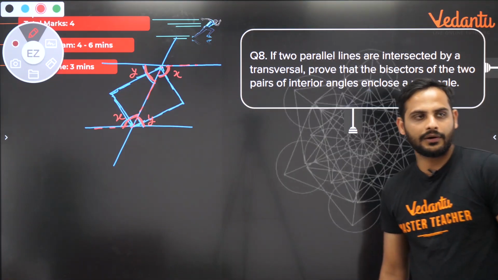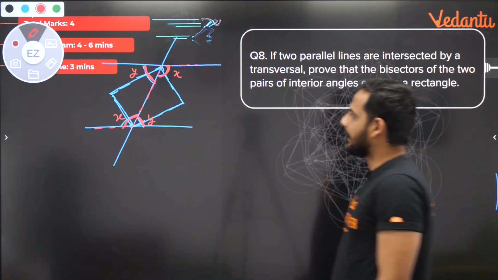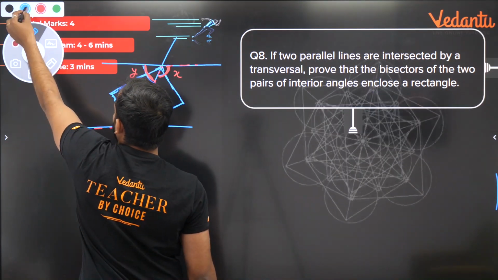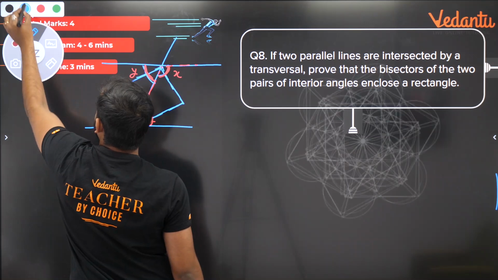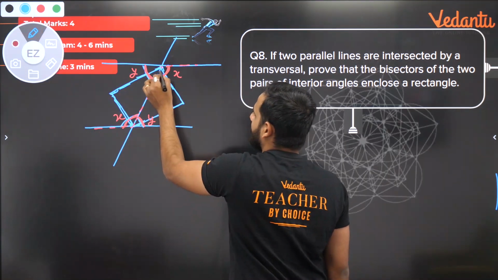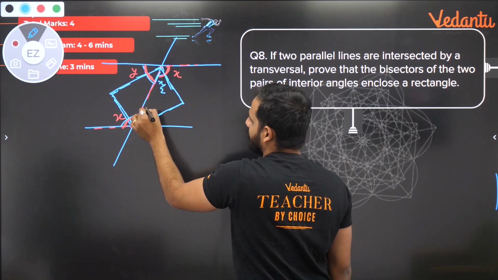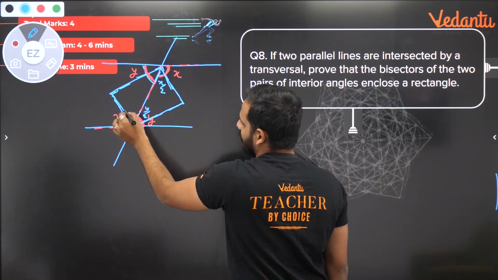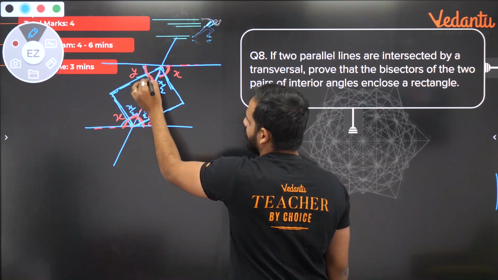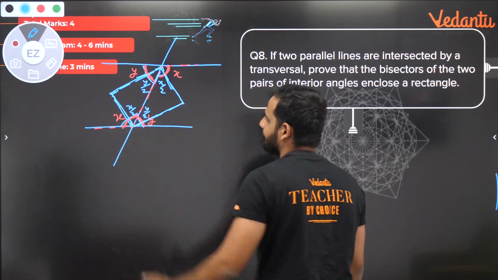Correct? This is how it will look. Now since I know that these are the bisectors, only this part will be equal to x by 2 and this part will be equal to y by 2, then this part will be x by 2, this part will be equal to y by 2.